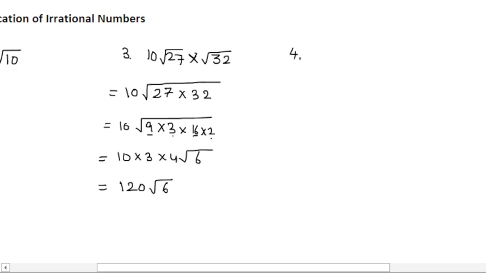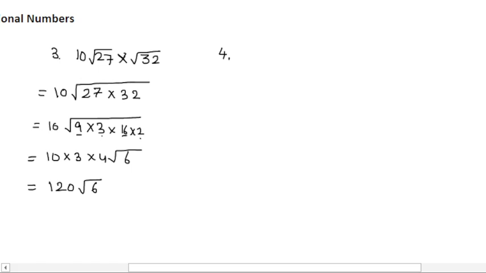For the next question, I have root of 200 times root of 98. Now again, you can either completely prime factorize these numbers, or you can write them as a product of a square number and a prime number.